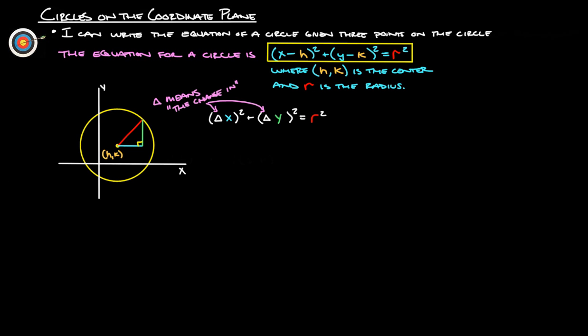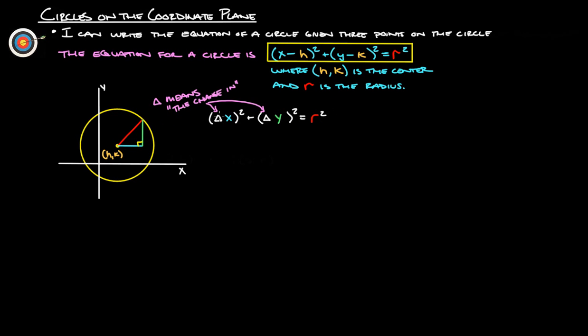So let's show a little bit more on that as to why this works. What this really is coming from is a squared plus b squared equals c squared, and the radius on this circle, this is the radius, that's going to be our hypotenuse. That's why it's the r squared.